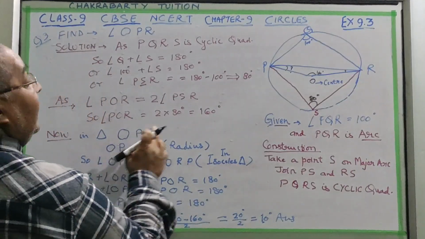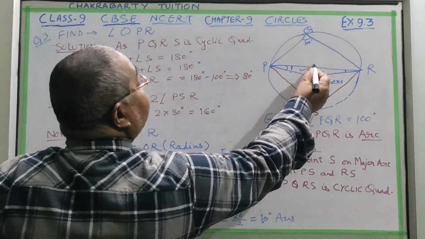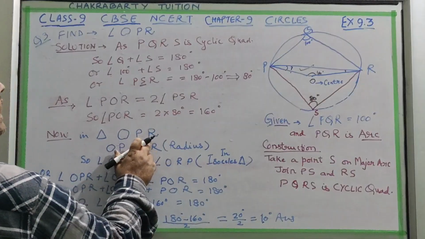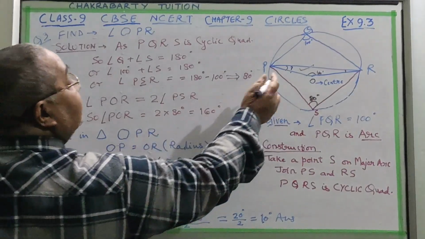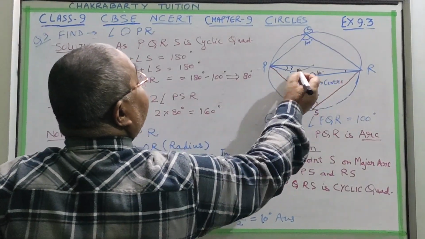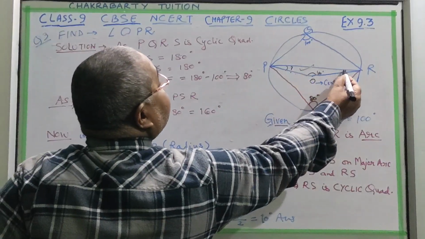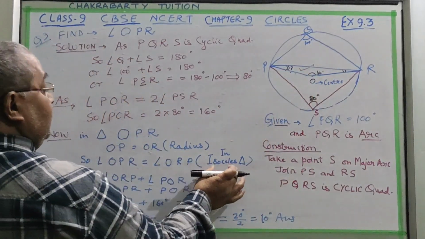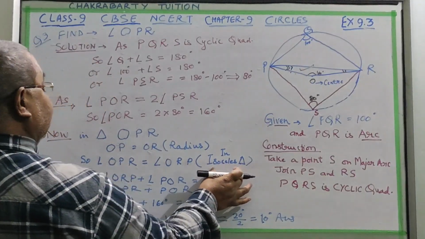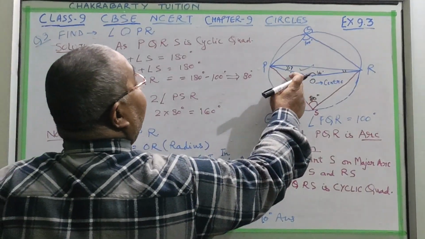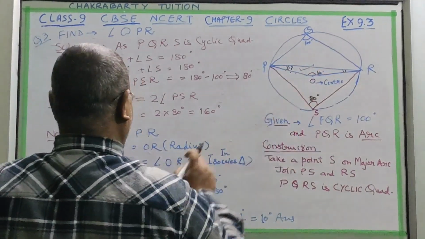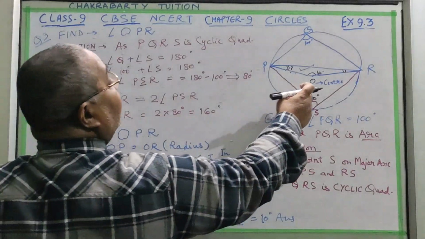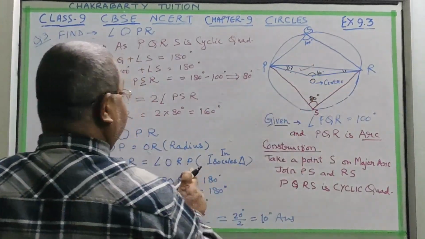So in triangle OPR, this triangle now we are discussing. So what happens? This is also radius, this is also radius. It means this angle and this angle will be equal because it is isosceles, two lines are equal. So in isosceles, angle OPR and angle ORP will be equal.